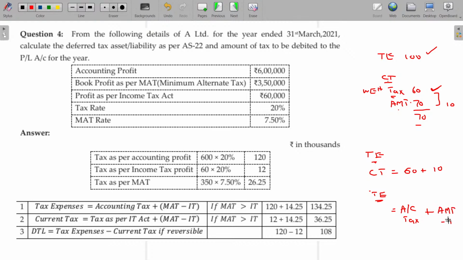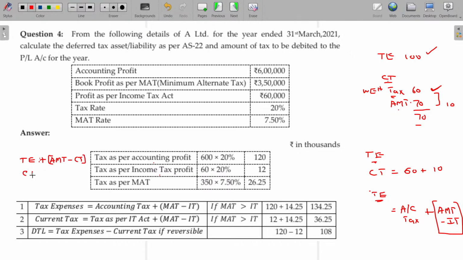AMT minus your normal IT. You pay the 10 excess, you know that excess is separated, will be addable along with the accounting profit and income tax profit. What you calculated for the tax expenses earlier, with that excess payment due to the MAT or AMT will be addable. AMT minus current tax, this will be addable.